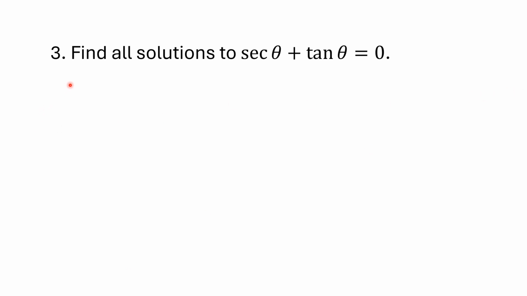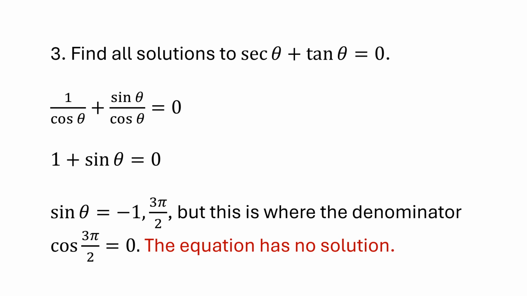Okay, now find all solutions to secant theta plus tangent theta equals 0. One little trick in solving trig equations is when you have different functions, if you go to sines and cosines, it often really helps.